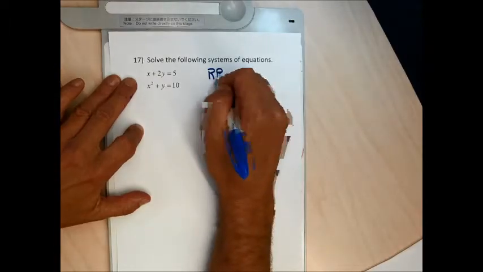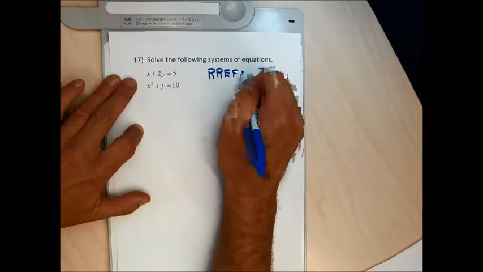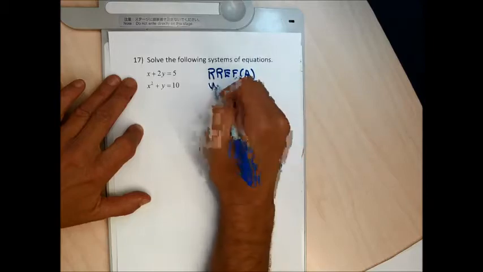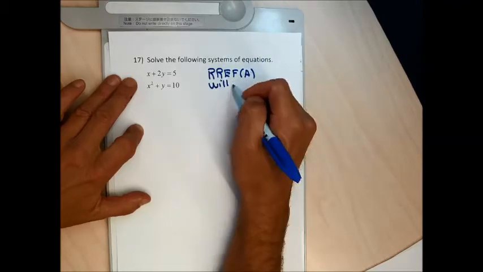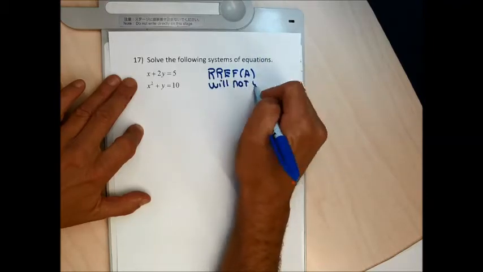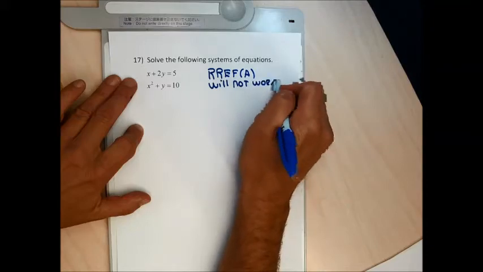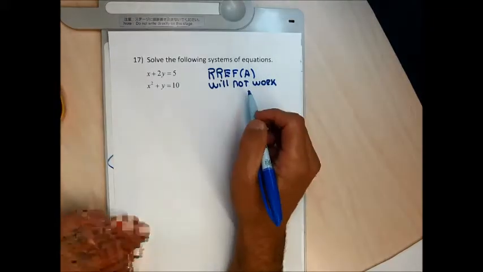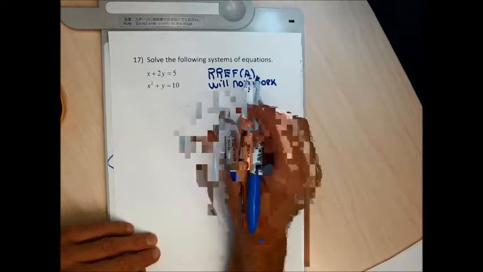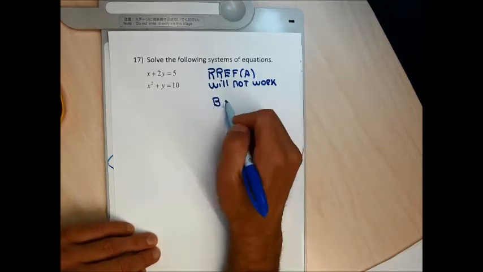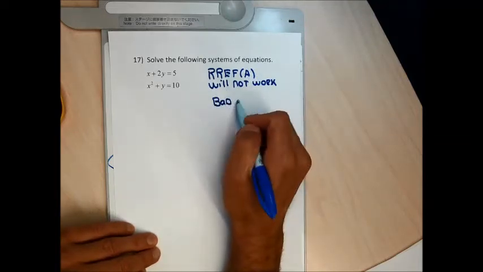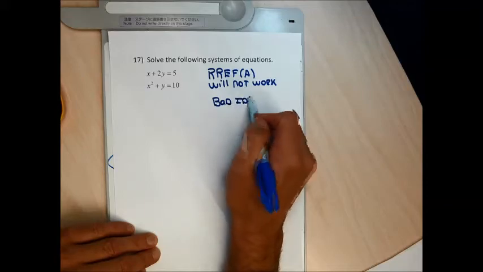RREF will not give the right answer because that needs both equations to be linear. So I can't use that. And although this problem could be solved by the elimination method, it's probably a bad idea when you have nonlinear equations to use elimination.